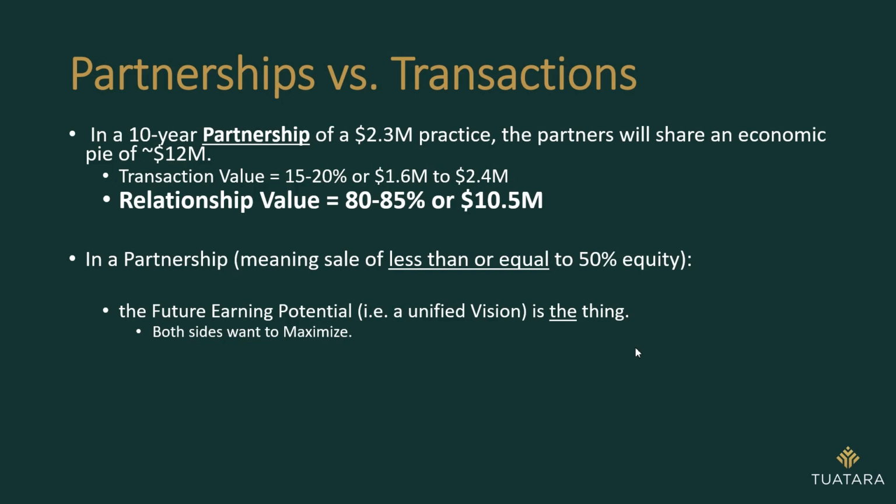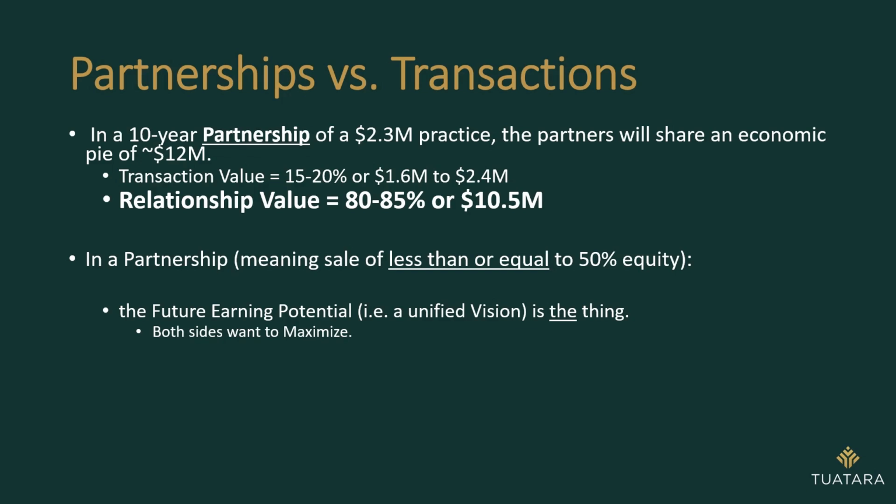So as we were saying with the numbers, in the case of a partnership, and this is from a financial perspective, the future earning potential, or that $10 million of relationship value, which is a product of having a unified vision that the partners would establish together, that becomes the thing. And in this case, both sides want to maximize that.